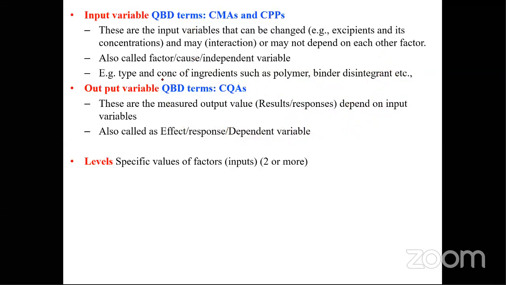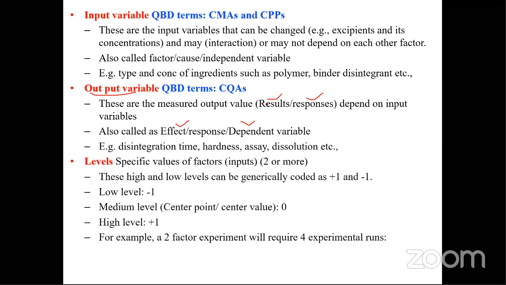Hope you are familiar with the terms now. This is also called output variables, result, response, effect, and dependent variable. So these are the terms, and why they came, I just explained to you. The examples are like disintegration time, hardness, dissolution. Whatever responses you are measuring for any dosage form will all come here.